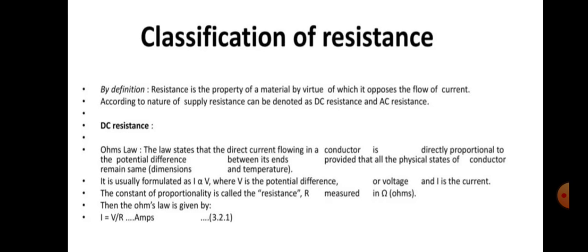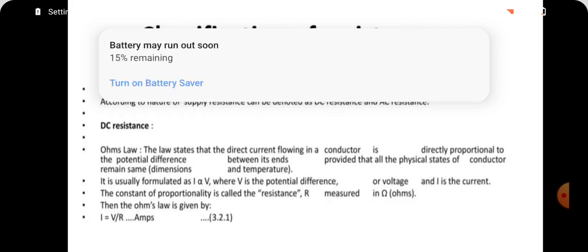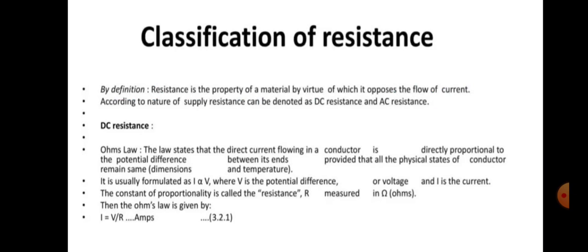So to avoid damage to that device, we have to use resistances so that the flow of current can be resisted. According to nature of supply, resistance can be denoted as DC resistance and AC resistance.